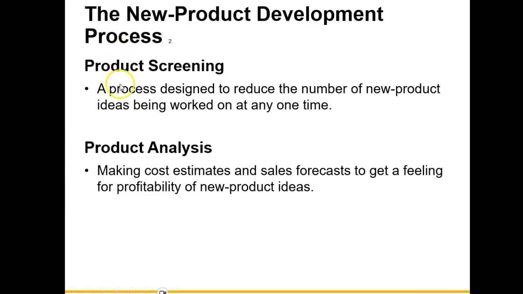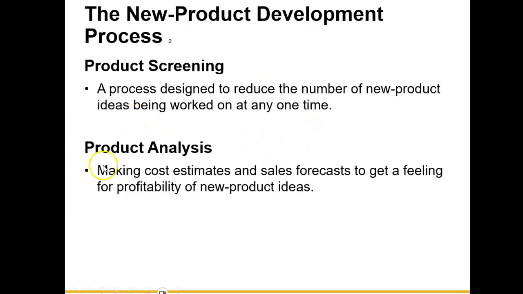Product screening is a process designed to reduce the number of new product ideas being worked on at any one time. So we may have an idea for 10 different products, but throughout our screening process, that 10 may be knocked down to 2 to pick the product we feel is going to be the most feasible.